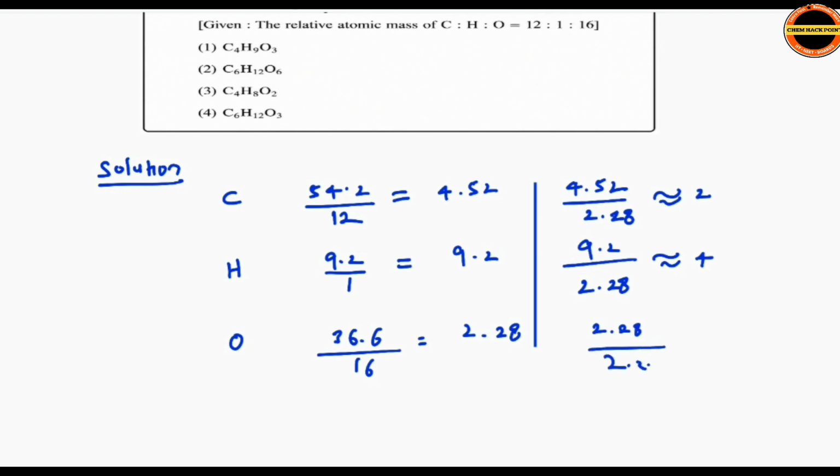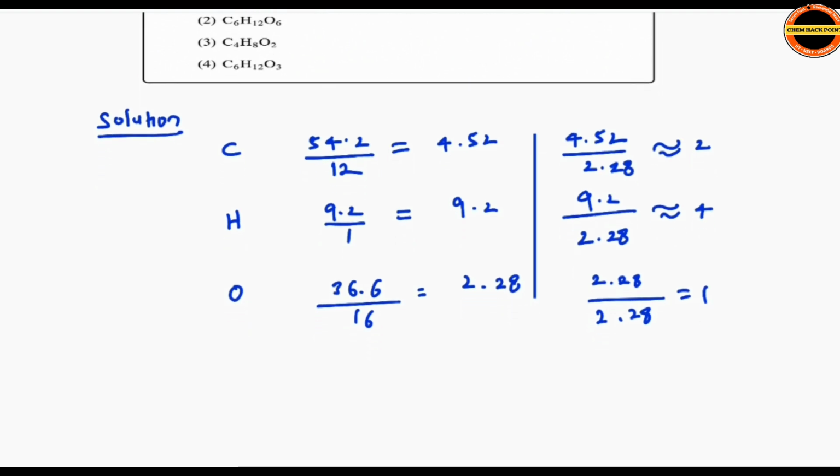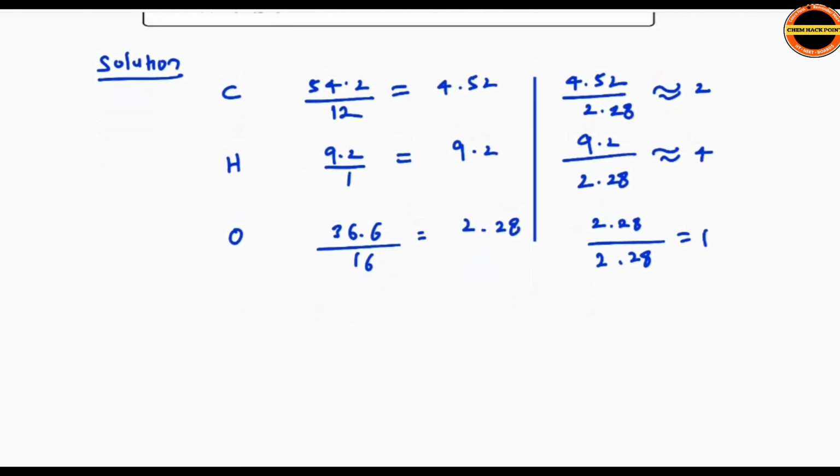So we are dividing all the values by the lowest value among those three. Keep in mind the format. So here you get 1. Now, after dividing all the values by the lowest value, we got the simplest ratio of atoms, which we call the empirical formula, C2H4O. It is the empirical formula, the simplest ratio of atoms.